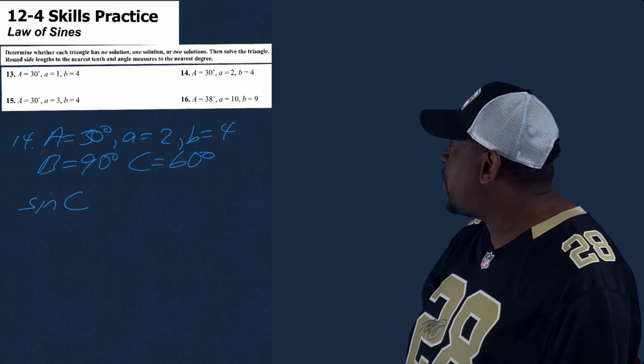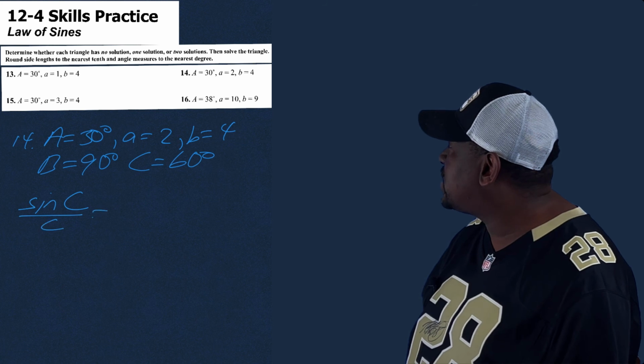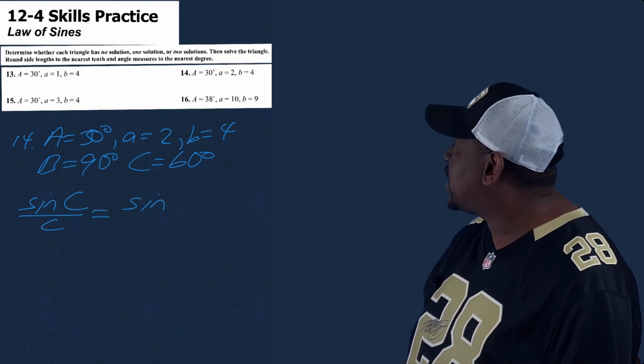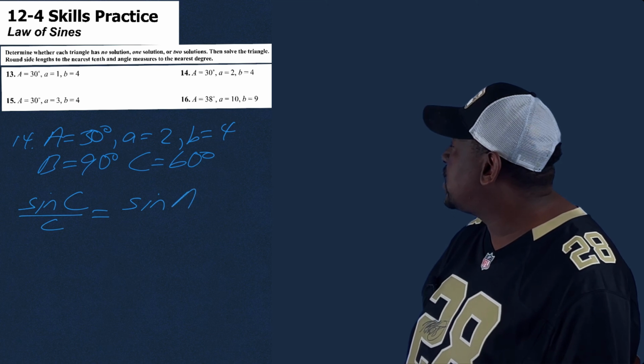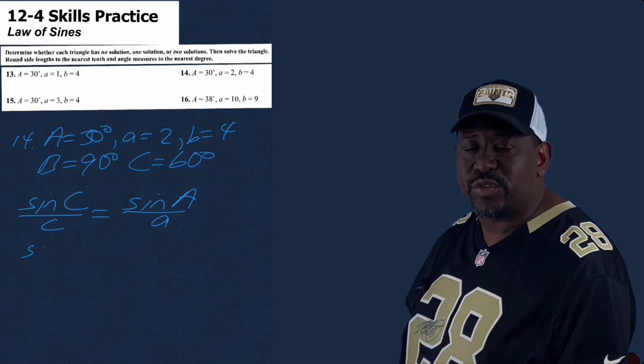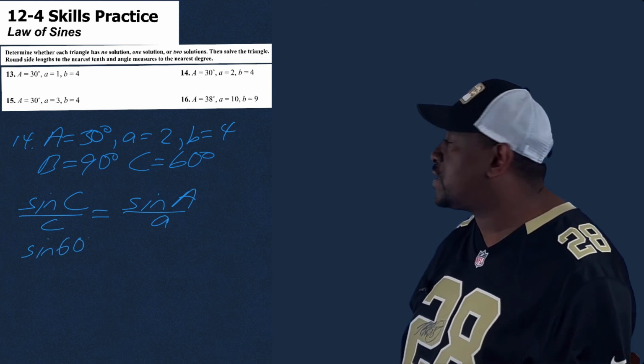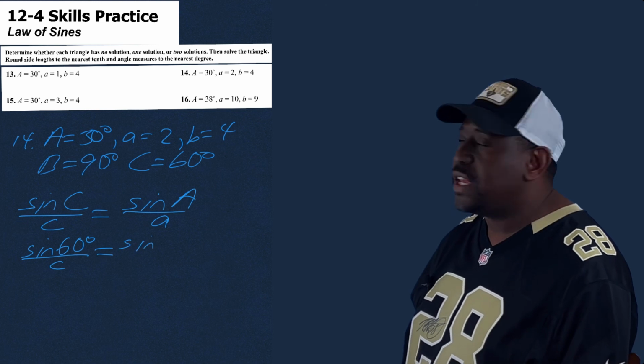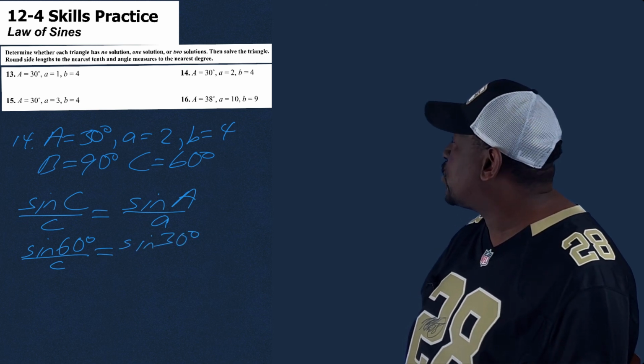So NOLA Mathman puts sine C over C. That's the one we're trying to solve for. And we'll set that equal to sine A over A. So if three of these are given, we substitute those in. We have sine of 60 degrees over C equals sine of 30 degrees over 2.